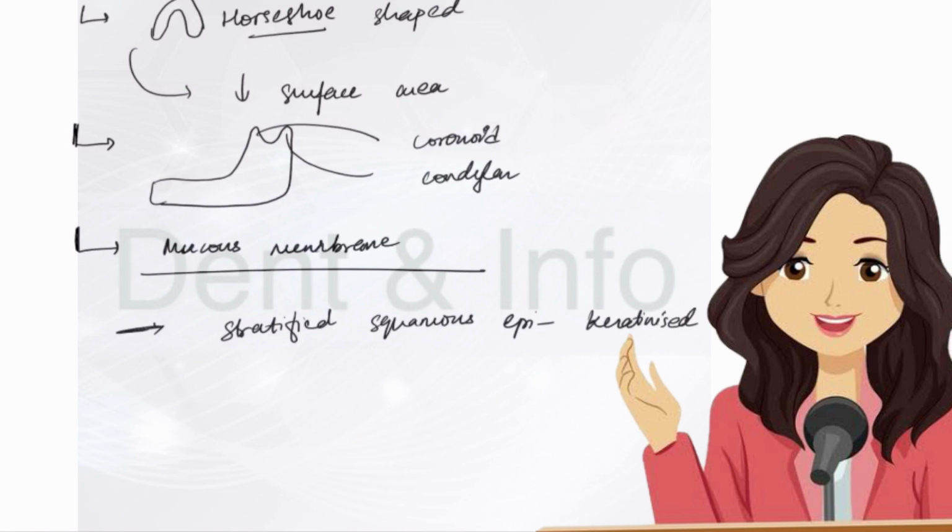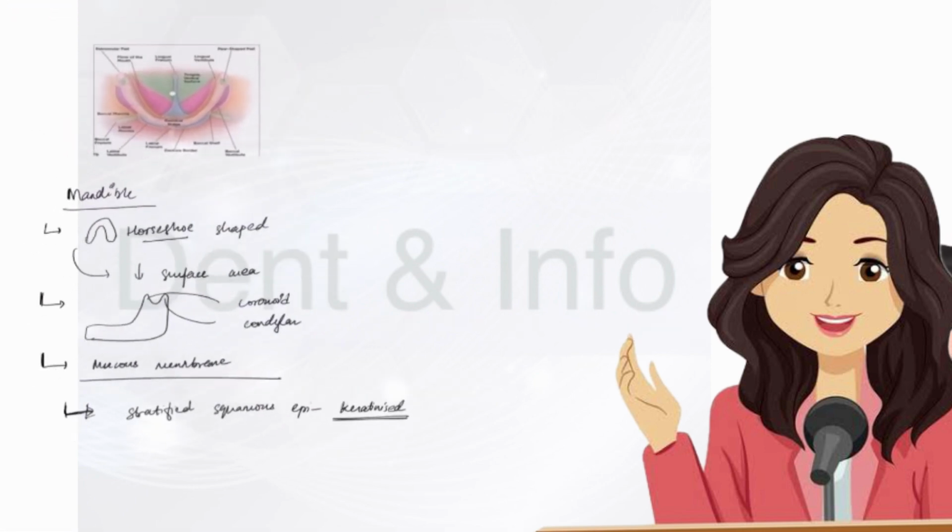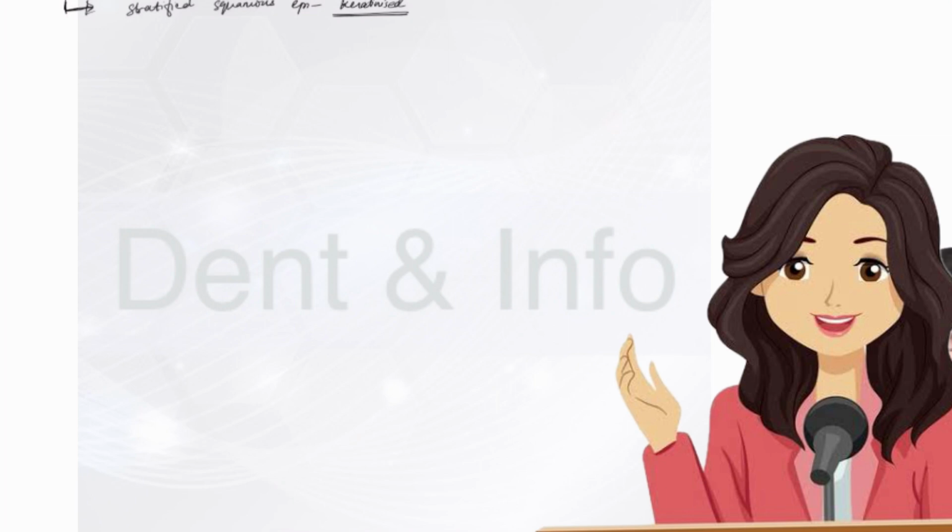So you see a stratified squamous keratinized epithelium in your mandible. This mucous membrane covered with keratinized epithelium is very good for denture force absorption as well as dissipation. Now, again with your mandible, we'll start with the three main aspects.